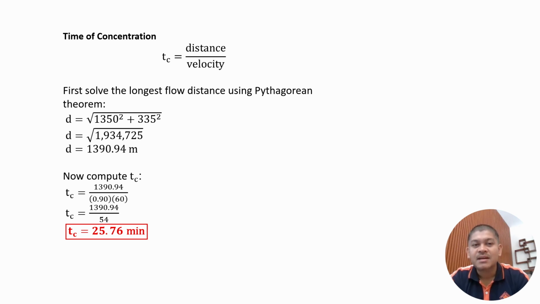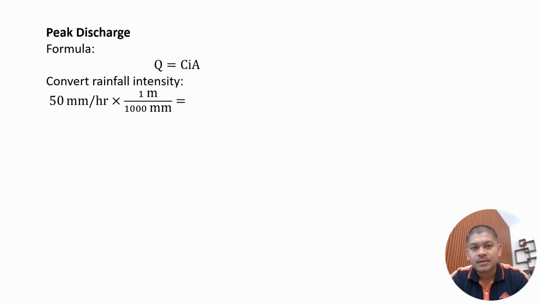It means that it takes about 25.76 minutes for rainwater from the farthest point of the drainage area or watershed to reach the outlet or the drainage point, which is the culvert. Next, we calculate the peak discharge using the rational method. This helps us engineers know the maximum flow that the culverts must carry safely.